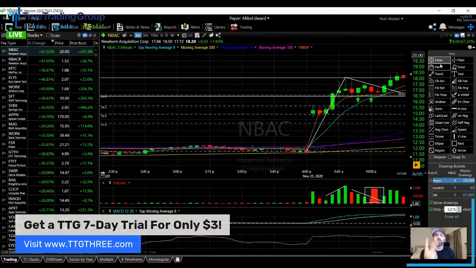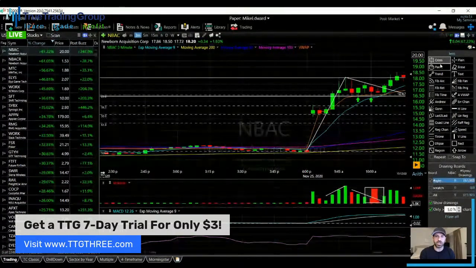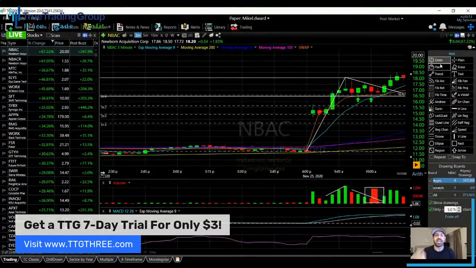So now I've got 2 of the 3 aspects of this setup that have the check mark. That is what makes this a B quality setup. Now, it doesn't mean run for the hills. It's still a good setup, but it could be better.